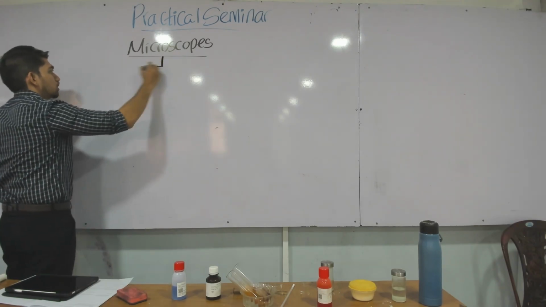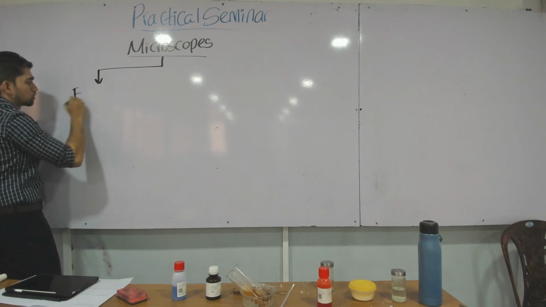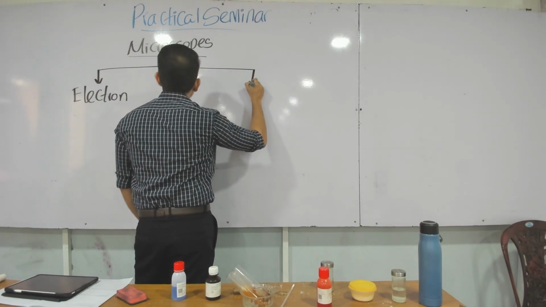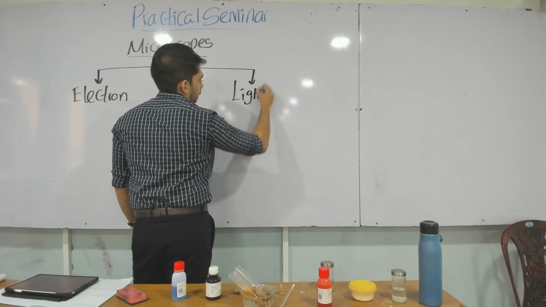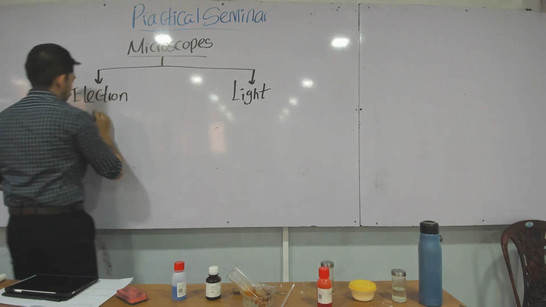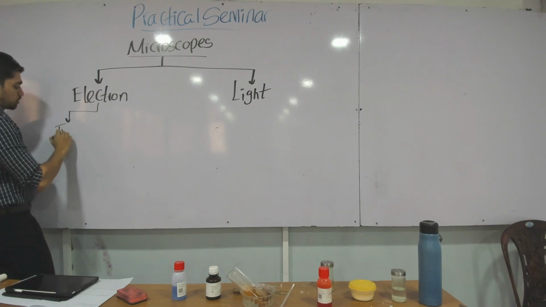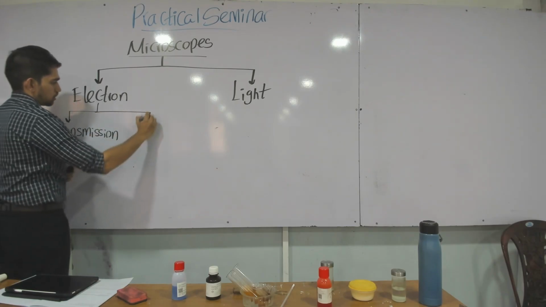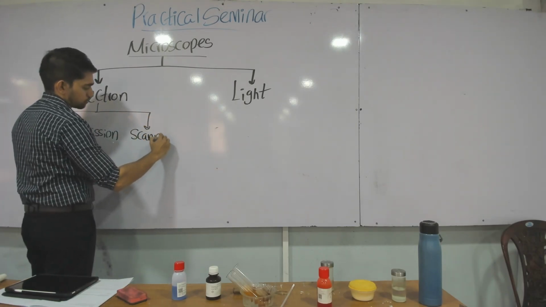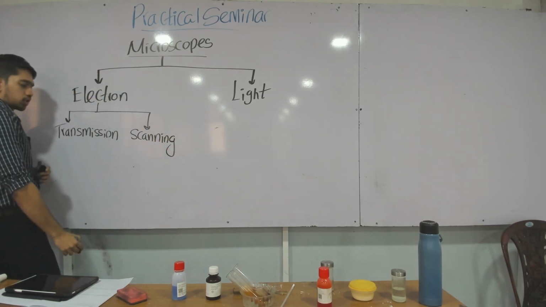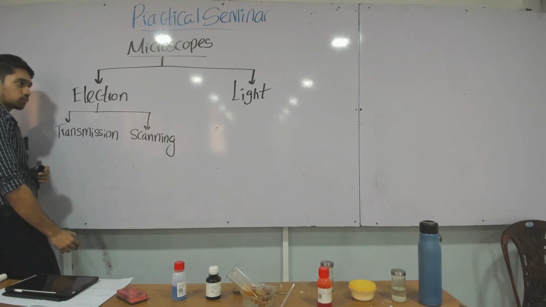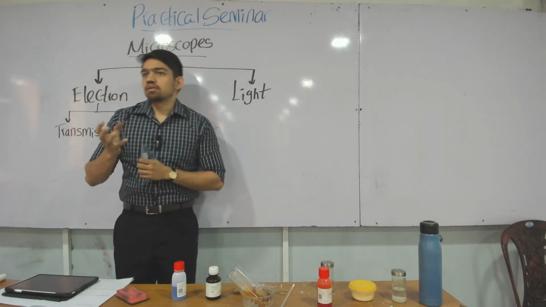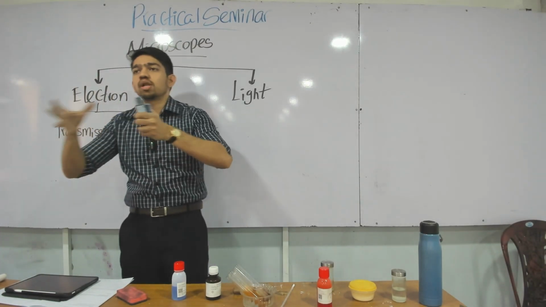Classification of microscopes: in your syllabus you have two, electron microscopes and light microscopes. Electron microscopes we'll talk about later. They have two types, transmission electron microscopes, TEM, and another type called scanning. Transmission versus scanning. Then what do we mean by electron versus light? That is the medium we use to visualize the object.